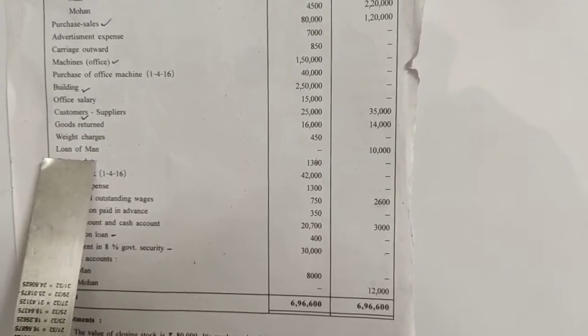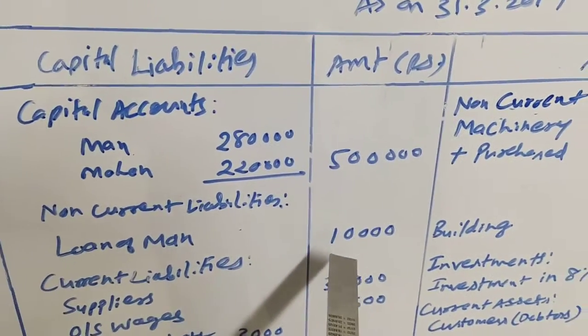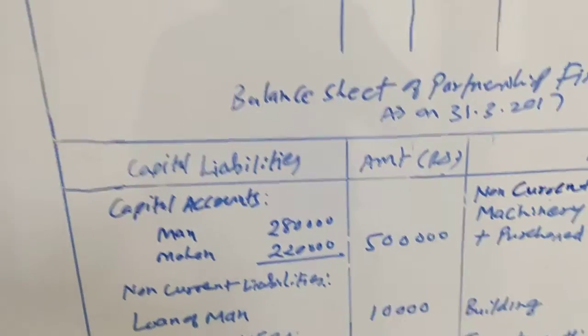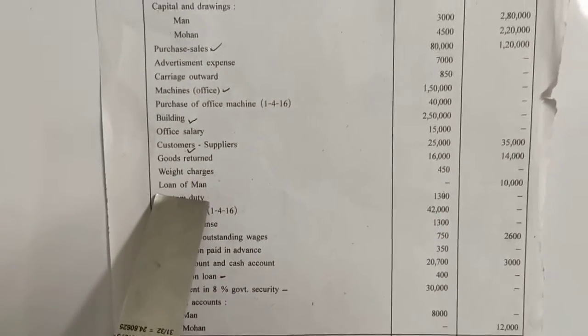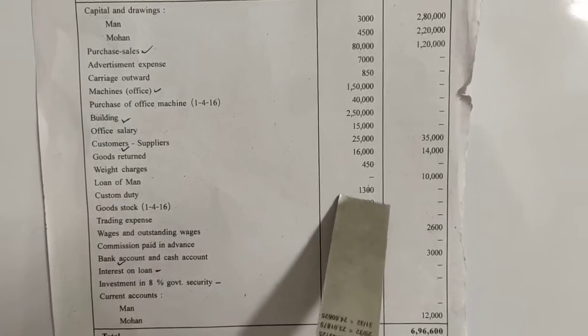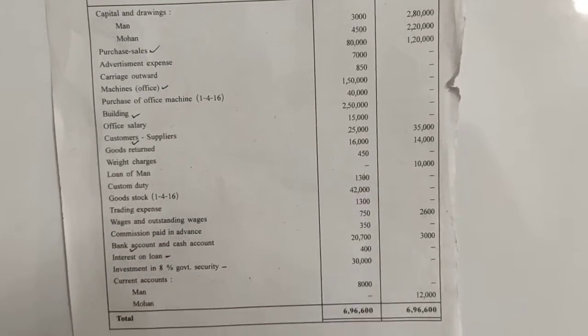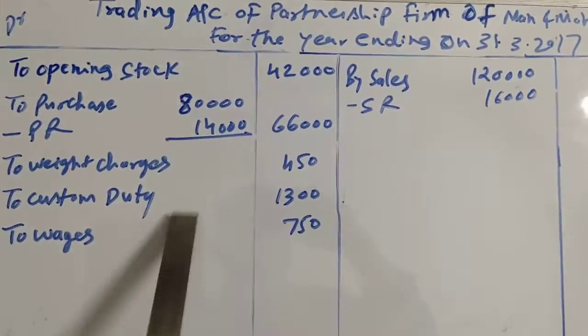So balance sheet liability side under non-current liabilities, loan of Man 10,000. Then custom duty 1,300 will be recorded at the debit side of trading account. So here it is to custom duty 1,300, debit side of trading account.